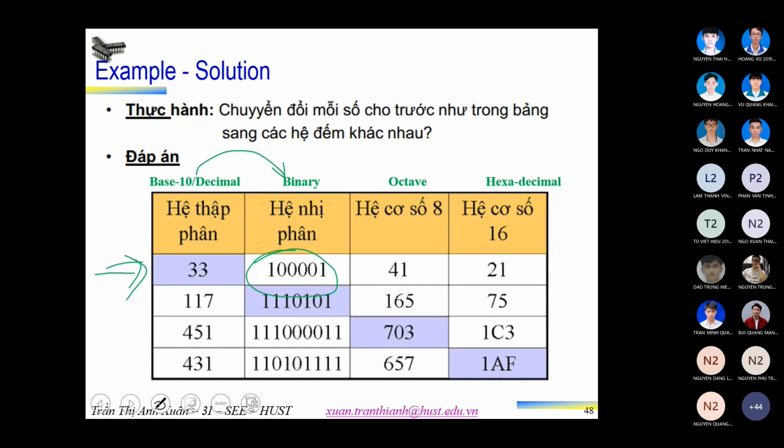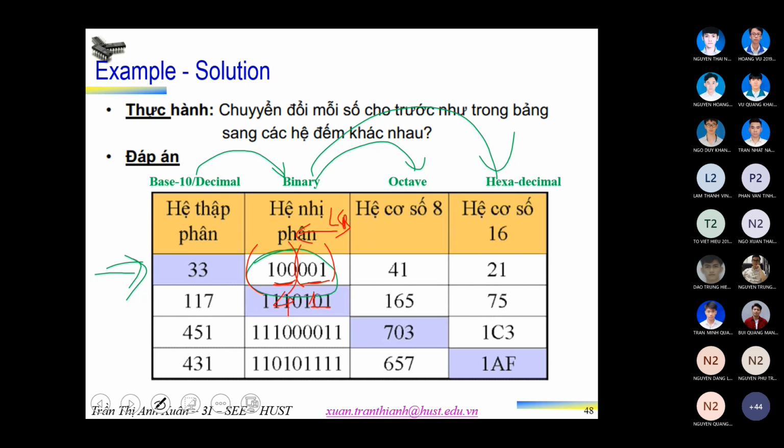Then we convert from the binary number to the octal number, and from the binary number to hexadecimal, by grouping 3 digits or 4 digits for octal or hexadecimal conversion. I can do that for octal. We group here starting at the LSB. Here is 1, here is 4, in the octal number.